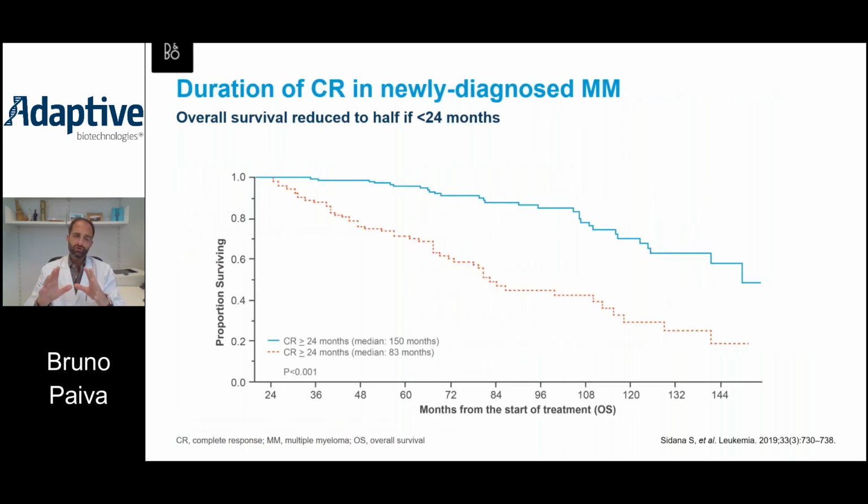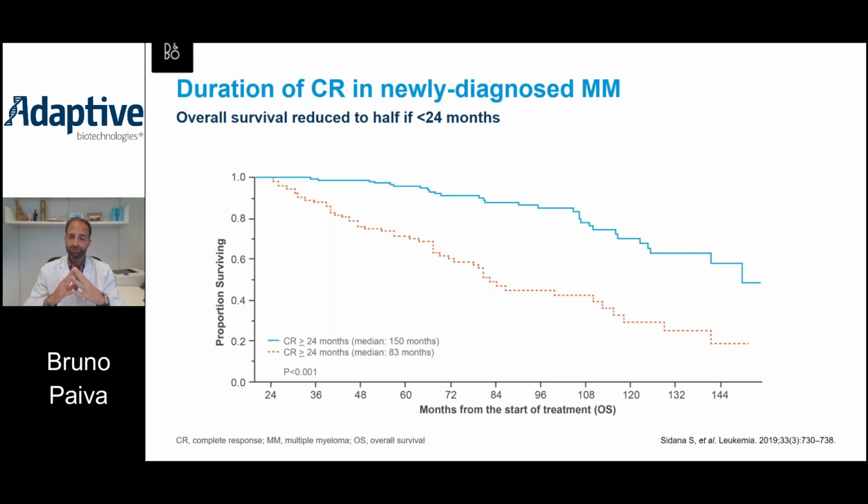It has been shown throughout the last decade, and the most recent example has been reported by our colleagues at Mayo, showing that the duration of CR in newly diagnosed myeloma is clinically relevant.